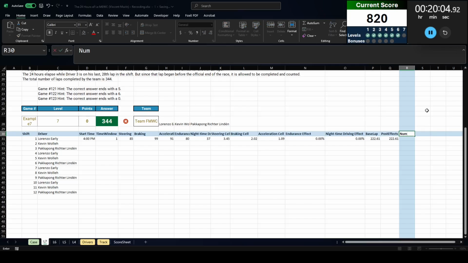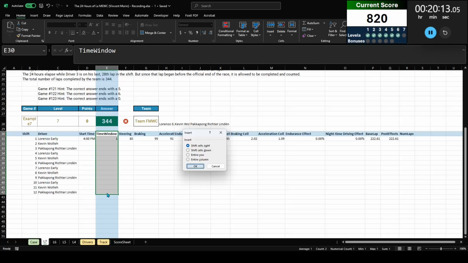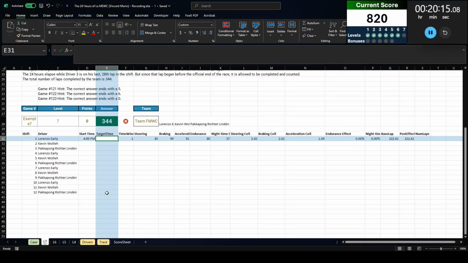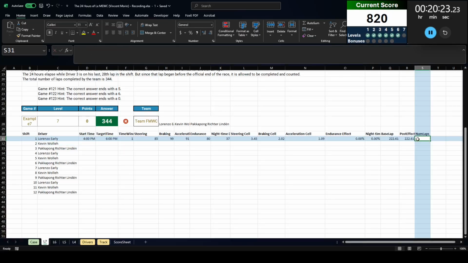Alright, good. Alright, so now let's do number of laps. And this is where it's going to get fun. Add up here. Target time. Oops, not 2 minutes. 2 hours. There we go. All right, so your number of laps. So you need to find out how many laps you can do within 2 hours. So we are going to take those 2 hours.